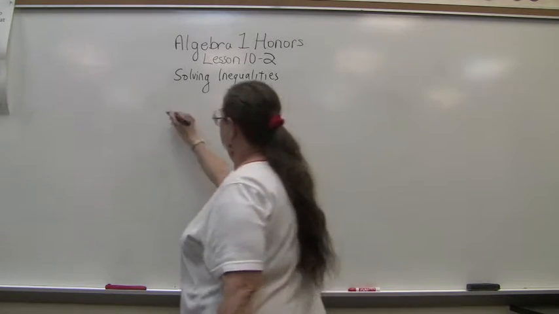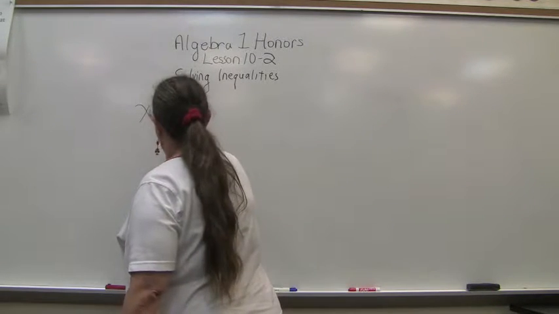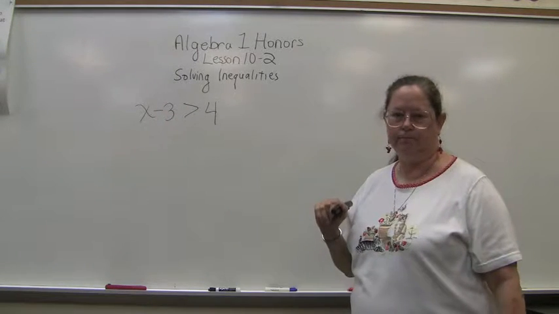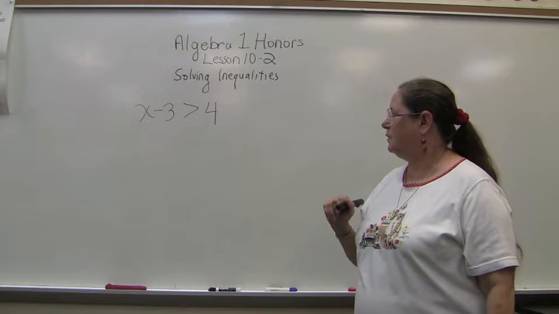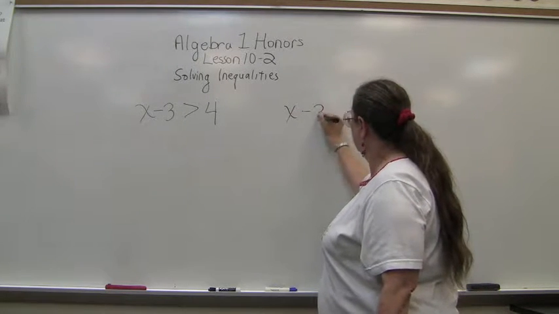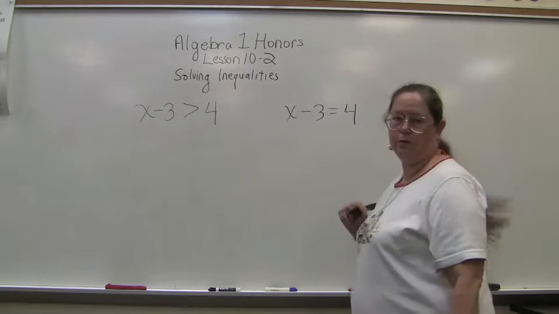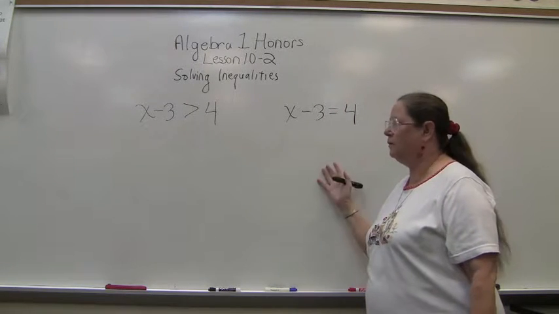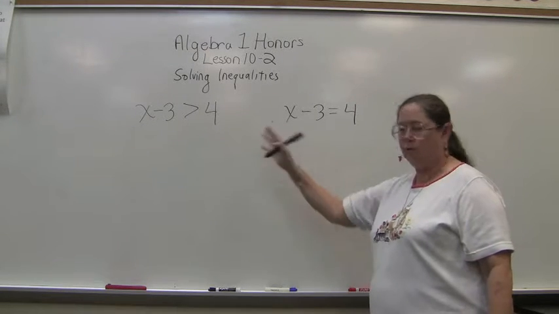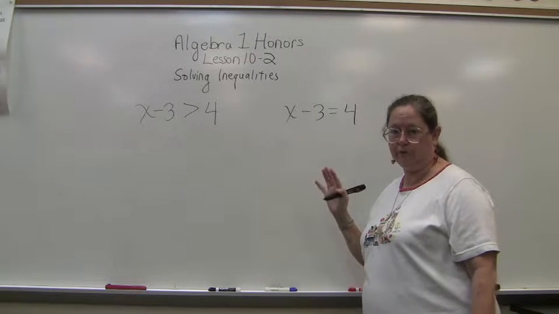Let's say we start with the inequality x minus 3 is greater than 4. Now, if this were an equality, it would be like so, all right? The parallels between solving an equality and an inequality are very similar.